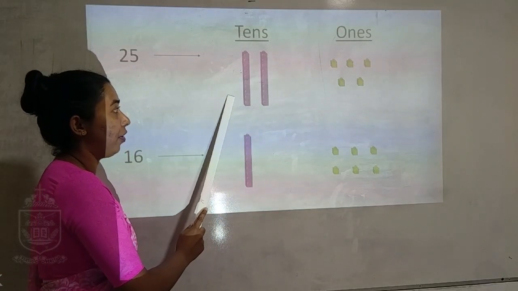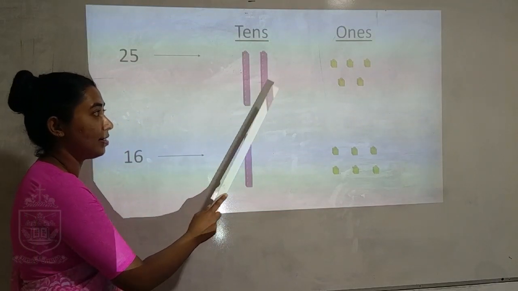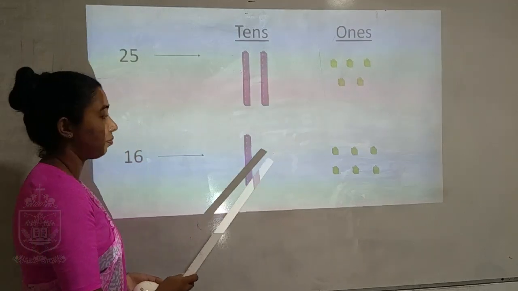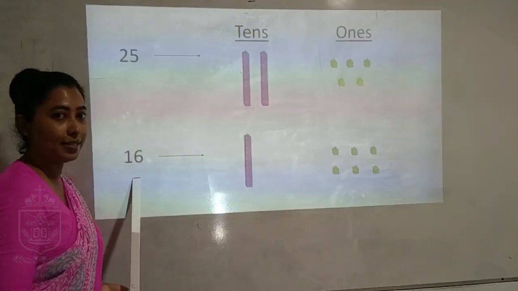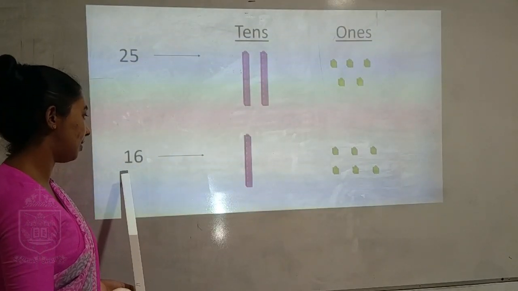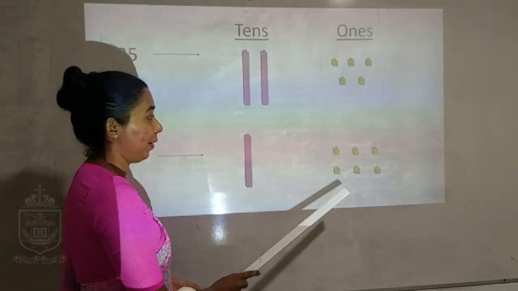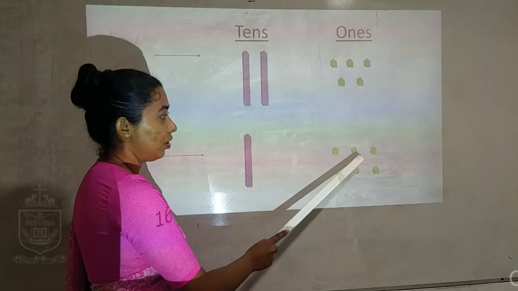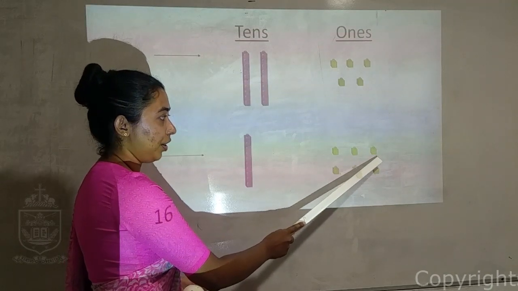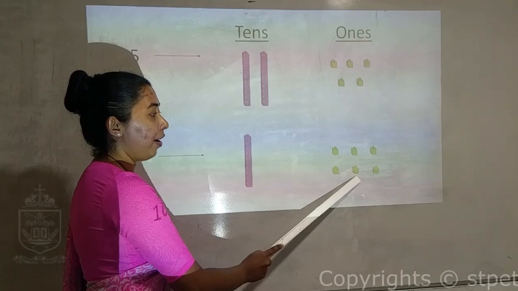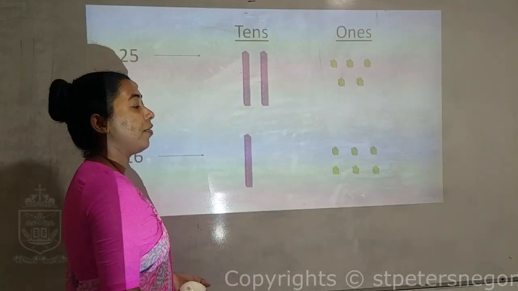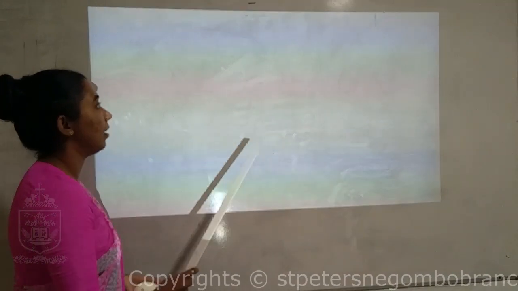In number 25, there are 2 tens and 5 ones. Let's take number 16. First look at the ones. Let's count how many ones are here. 1, 2, 3, 4, 5, 6. There are 6 ones.